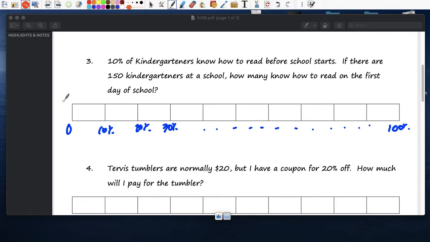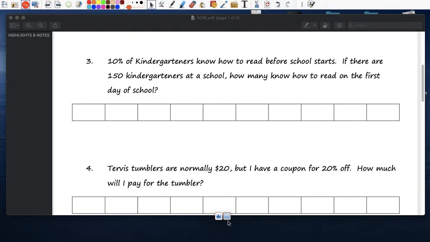In total, we have 150 kindergartners, and only 10% of them can read. First, let's label the boxes. 150 divided by 10, so each 10% is 15 students: 15, 30, 45, 60, and so on, until we get to 150. 10% is how many kids can read. So only 15 students can read.